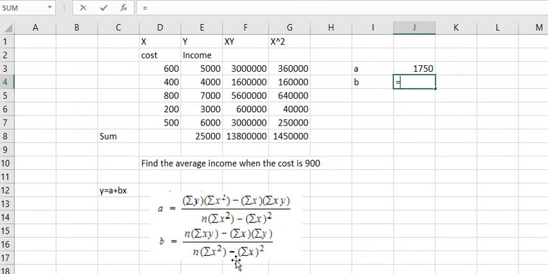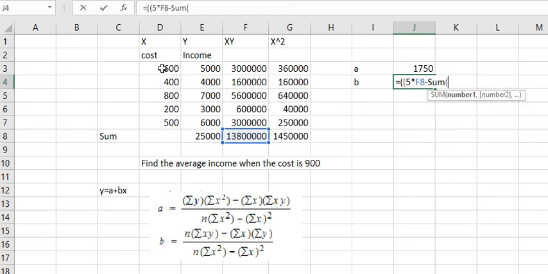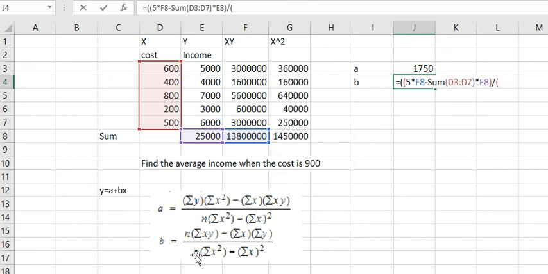Now we go for b. For b, we have n, the number of observations, so we put 5. The sum of sy, that's it in here, minus the sum of s. We put in here, multiplied by the sum of y, that's it in here, over n, the number of observations.